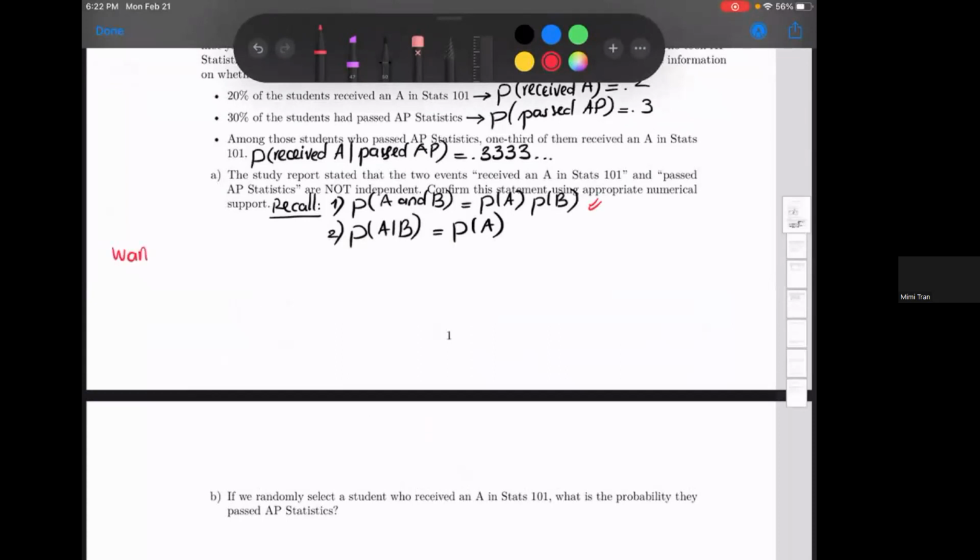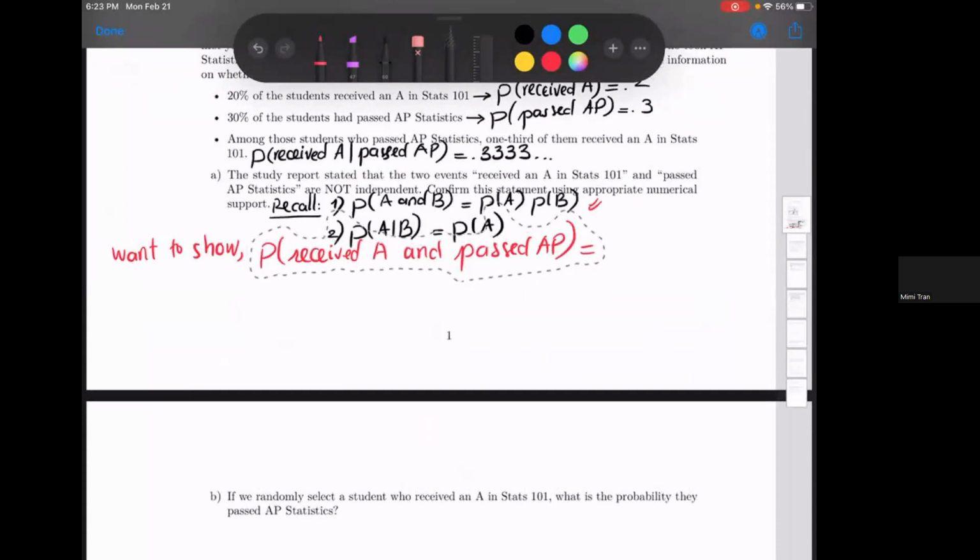I want to show now in context that P of A, here is going to be received an A, received an A and pass AP, is equal to, I'm running out of space. Let me put this down here.